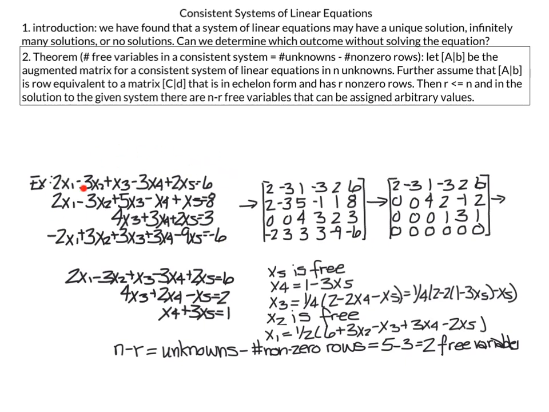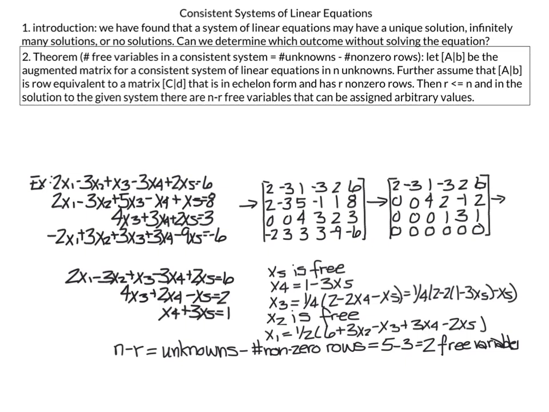So here is the augmented matrix. This is the matrix of coefficients, and here's my B vector here. So this is my augmented matrix, which is row equivalent to this matrix here. I haven't shown you all the row operations, but you'll have to take my word for it.